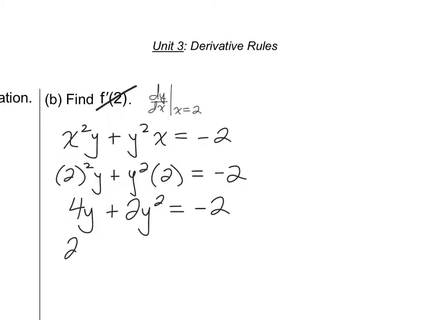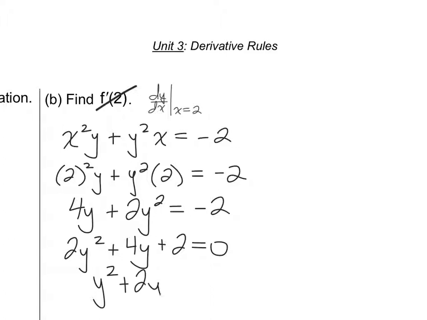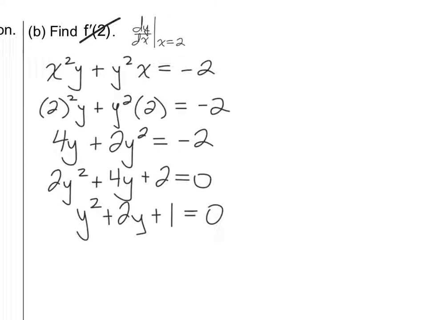So we're looking at 2y squared plus 4y plus 2 equals 0. Then we have a common 2 that can be factored out, which makes this a perfect square trinomial.